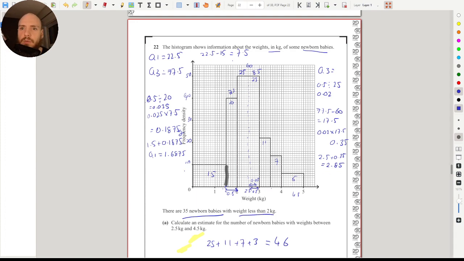Okay, so we have our Q1 and we have our Q3. That was the Q3 in terms of its frequency value, but now we have it in terms of its kilograms. I hope that makes sense.